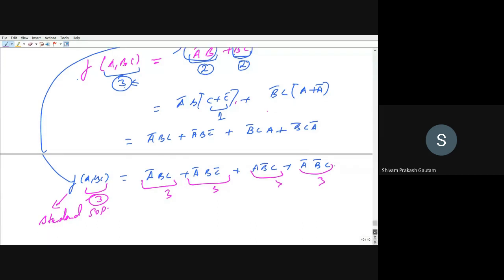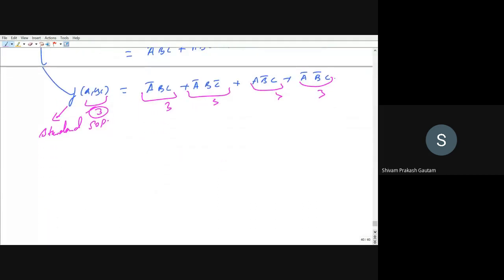Now there is one term which is called min term. What is the min term?